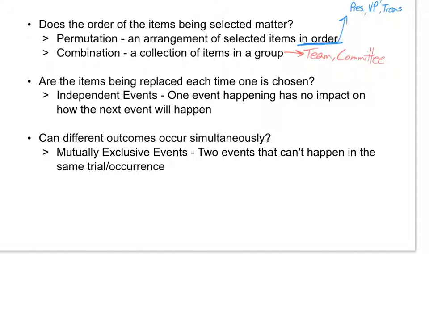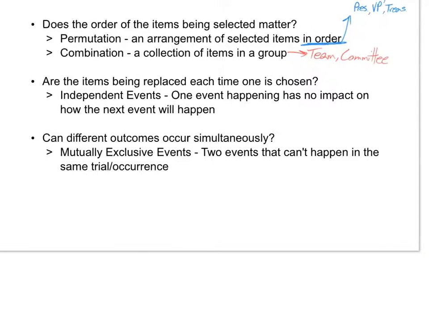Okay? Independent events are events where the first one has no impact on the second one. So, for example, when I put it back in, all the probabilities stayed the same the second time. Okay?